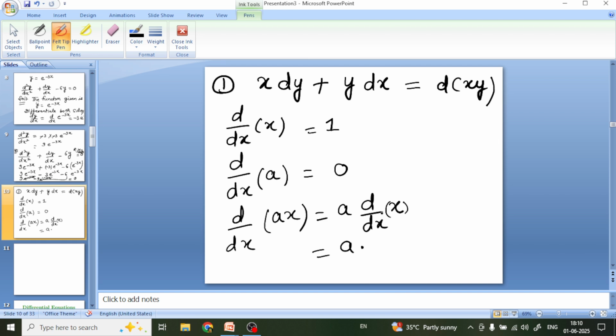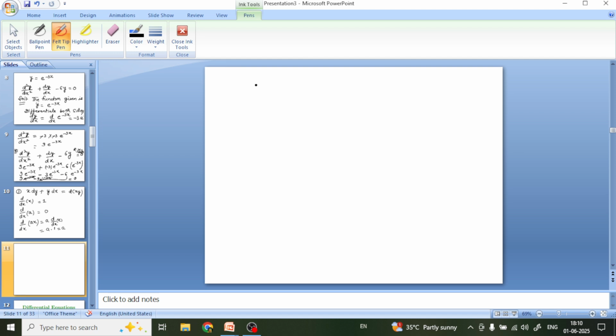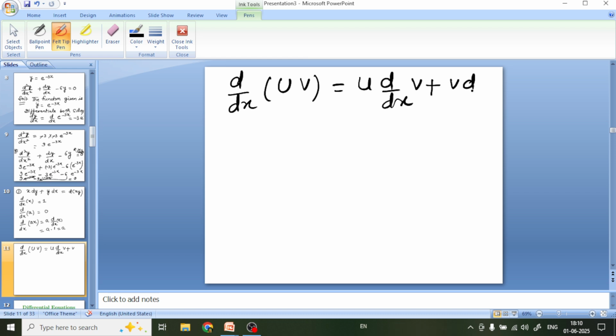Derivative of x is equal to 1, and the answer will be a. If you find the derivative of uv, that should be equal to u times the derivative of v plus v times the derivative of u. Means this value will be written as it, and you will find the derivative of v. Here you will find the derivative of u and v will be written as it.